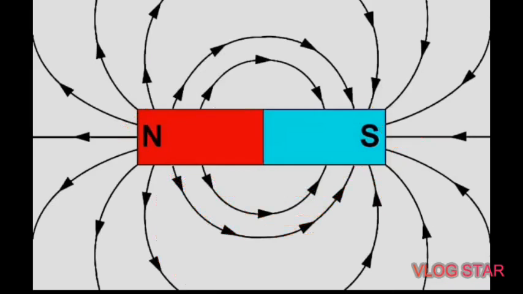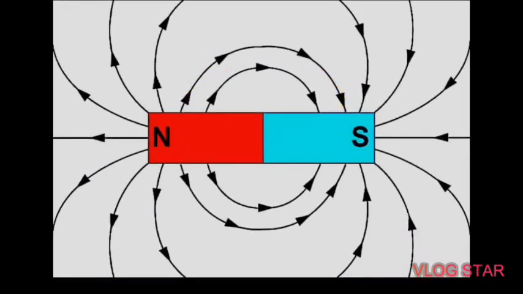These magnetic lines of force move from the north pole to the south pole externally, and internally they move from south to north pole. Remember this point, this is very important.